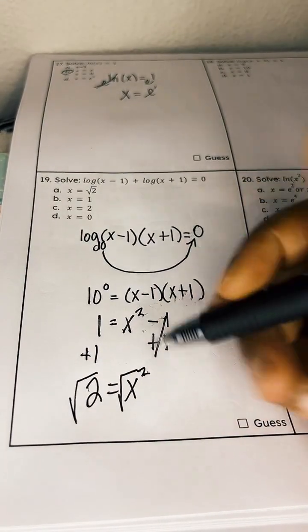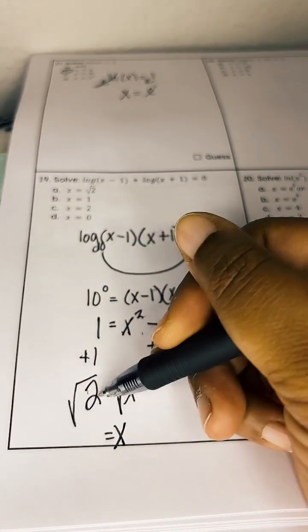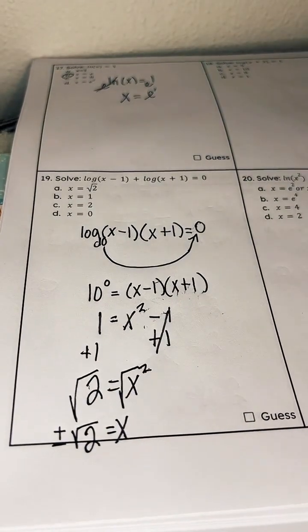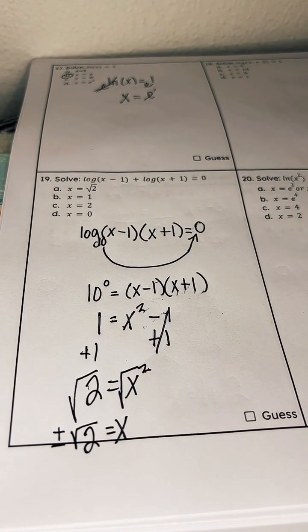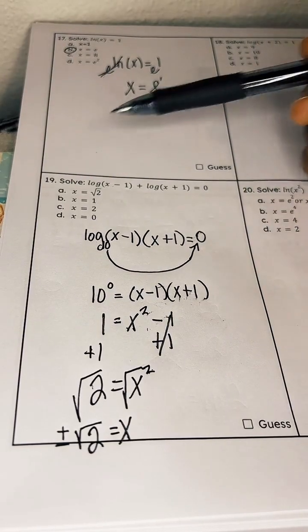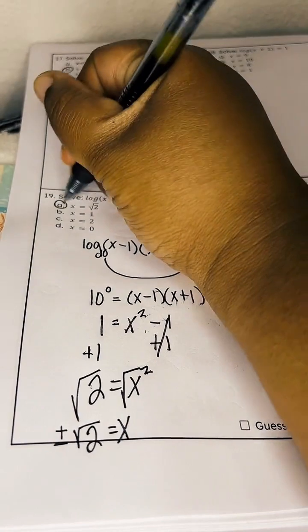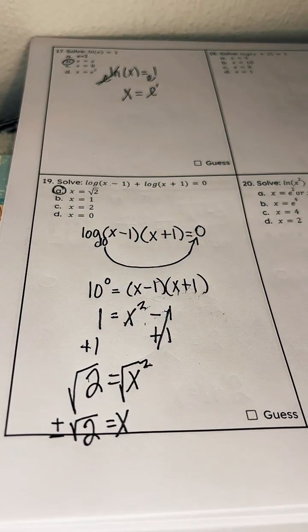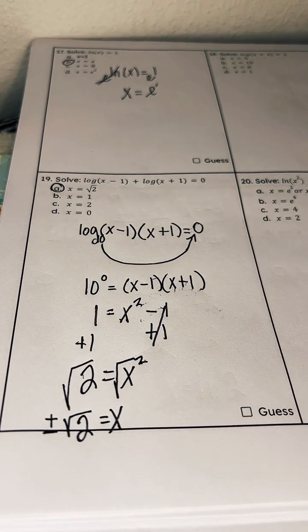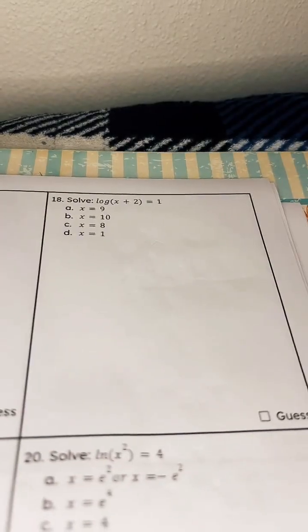Square root always cancels out a square. But remember, whenever you take the square root of a number, you put plus or minus square root. But with logs, you have to be careful because you can't take a negative log. So our answer for this is going to be A. X equals the positive square root of 2. And that's our answer. All right, let's keep it going.